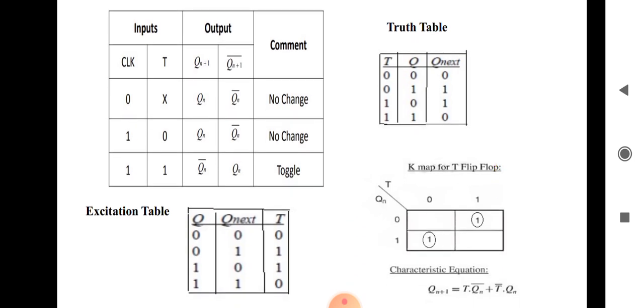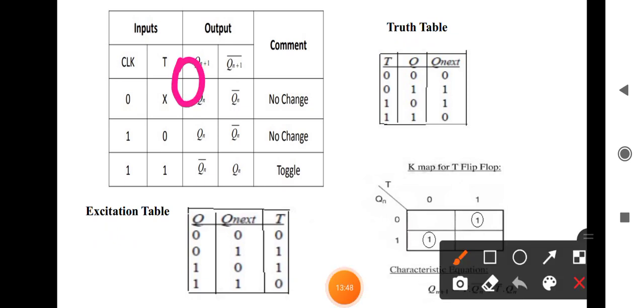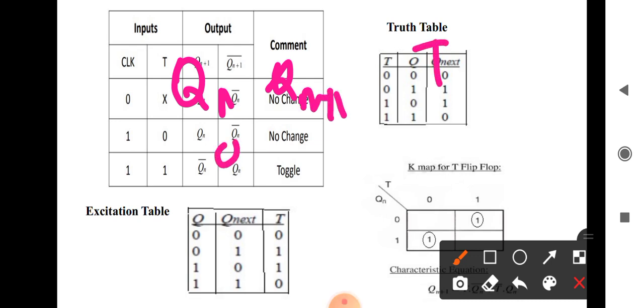Then we just made the excitation table. Excitation table means we are calculating the excitation table from Qn, Qn plus 1 and T. So there we write 0 0, 0 1, 1 0, 1 1. This is the common format.